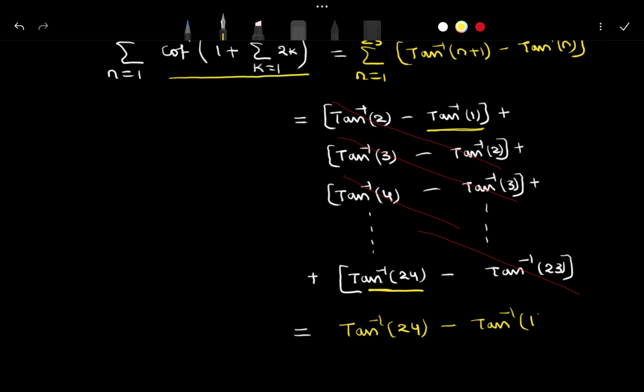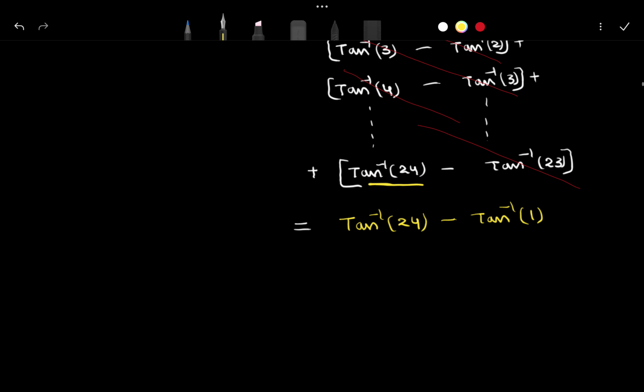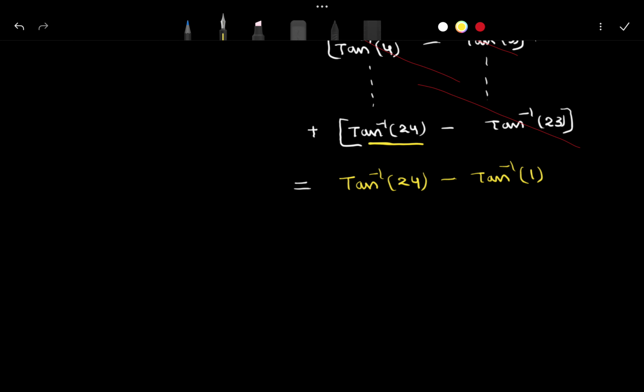So now for this one, which formula applies? Tan inverse x minus tan inverse y will be tan inverse of (x minus y), that is 24 minus 1, whole divided by 1 plus x into y, that is 24 into 1, which is 24.